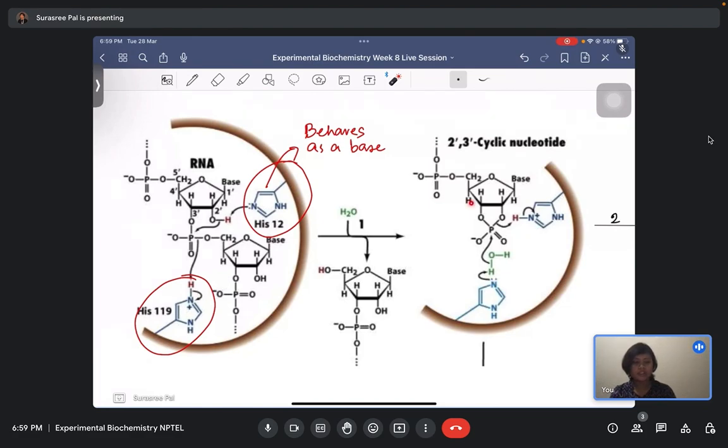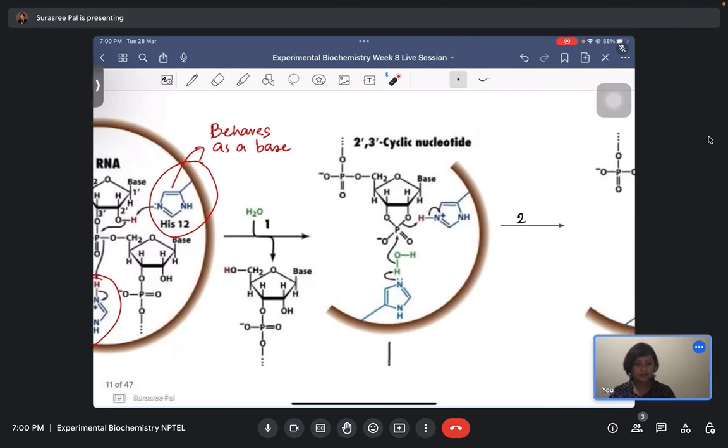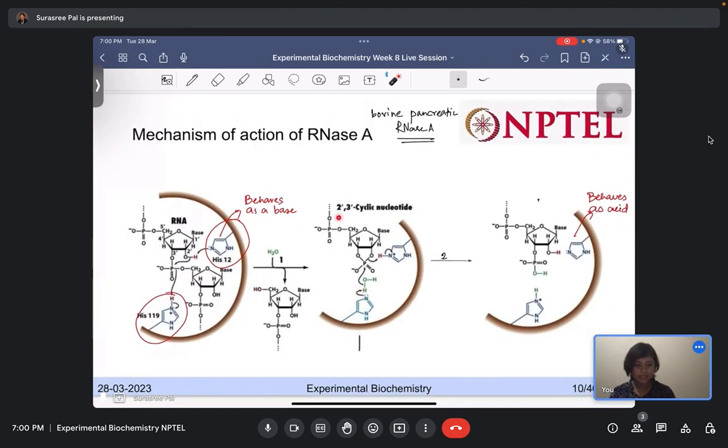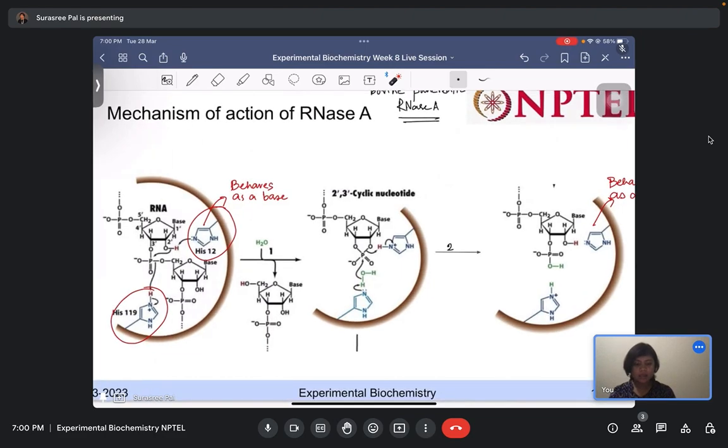Now how will this particular nucleotide be released from the active site? There is addition of water. Now in this second step, we can see that this particular histidine acts as an acid. In the first step it was acting as a base. In the second step, it acts as an acid, right?